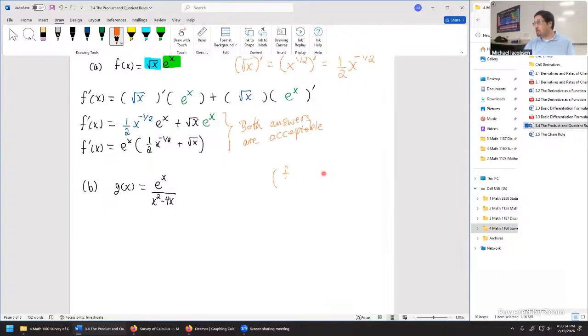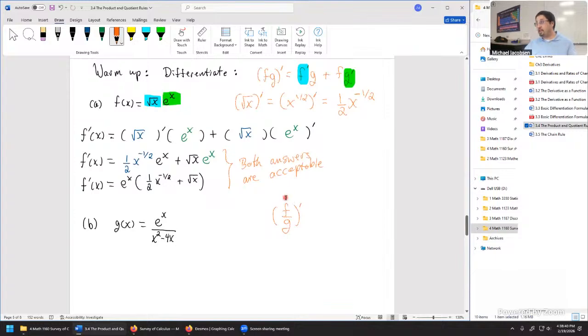There's a quotient here, so if we write down the quotient rule, that's a great way to get started. And this is a way to write it down just in a compact way. Again, suppressing the f of x and g of x, I'm just writing f divided by g. Then in this format, the structure of the quotient rule goes f prime times g minus f times g prime divided by g squared.